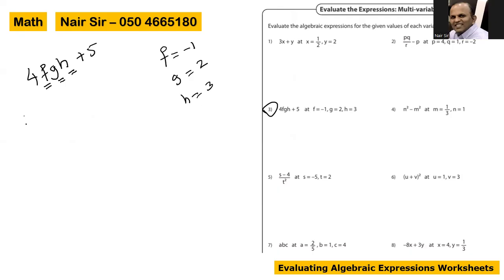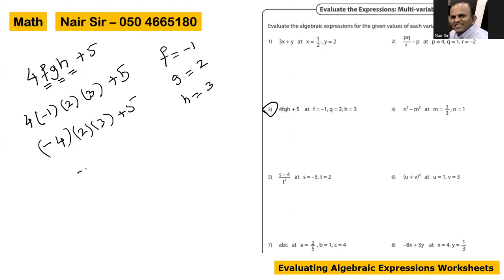Let's substitute. 4. F is minus 1, 2, let's put them in a bracket, and 3 plus 5. Plus minus, minus 4. 2, 3 plus 5. 4 times minus 8 bracket plus 5.